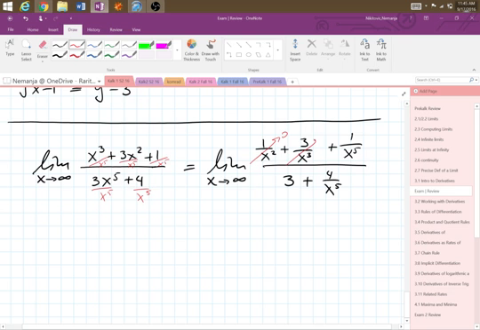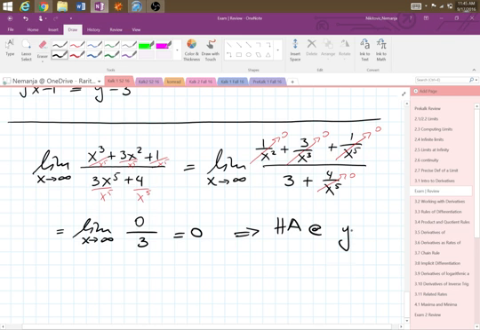You are dividing by infinity, so cutting it up infinitely many times. Zero, which implies horizontal asymptote at y equals 0, which is the x-axis.